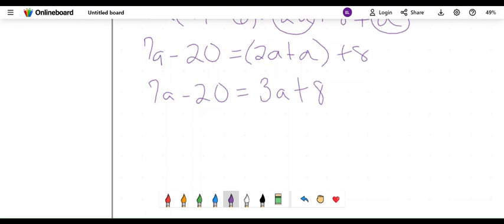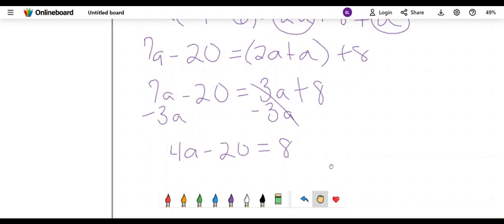That means it is positive, so we have to subtract it from both sides. It's like negative 3a and 7a minus 3a. So we just cancel this out. So this will be 4a minus 20 equals 8. We're left with a two-step equation.